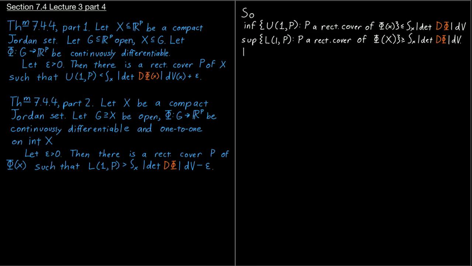And then by an early proposition in section 7.2, where we defined higher dimensional Riemann integration, we have that the infimum of the upper sums is greater than or equal to the supremum of the lower sums.